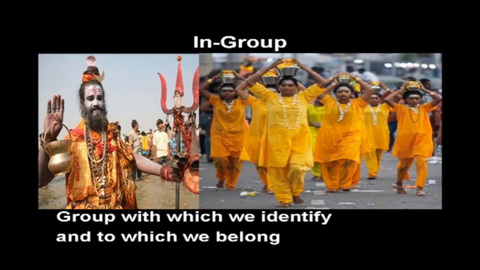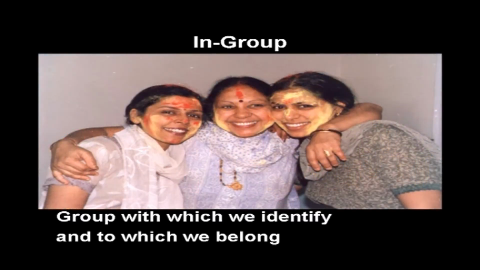There is another classification based on the individual's feelings of belongingness. Sociologists classify groups as in-group and out-group on this basis. An in-group is a group with which we identify and to which we belong.